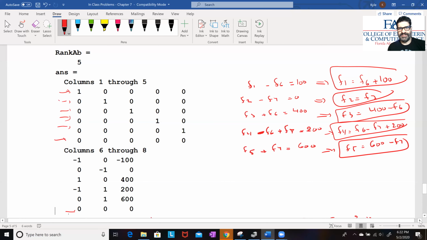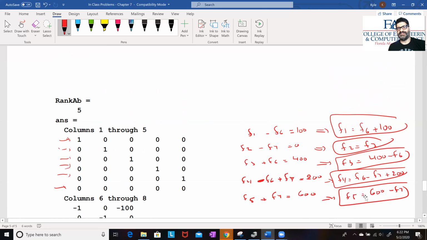So go back to the schematic, and this is exactly what we did. Since the rank of A is less than the number of variables, we used the RREF command to reduce the number of equations, and put some of these variables as a function of other variables.